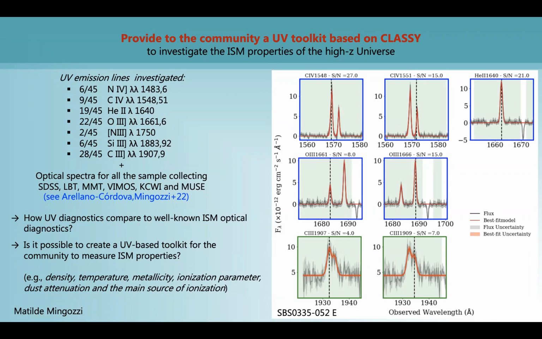The important thing is that for all the galaxies we also have optical spectra, and we know much better how optical diagnostics work. So by doing a comparison, we can learn more about UV diagnostics, see how they compare with optical diagnostics, and see if we can provide a UV-based toolkit for the community to interpret the JWST data that we will have in the future.